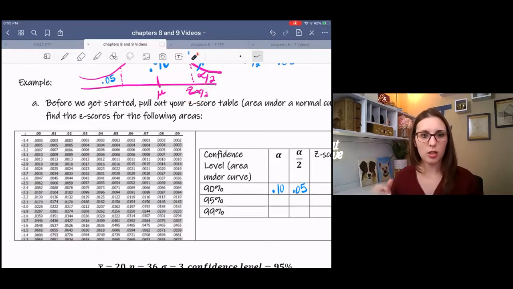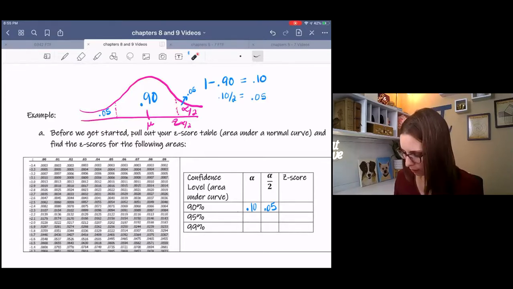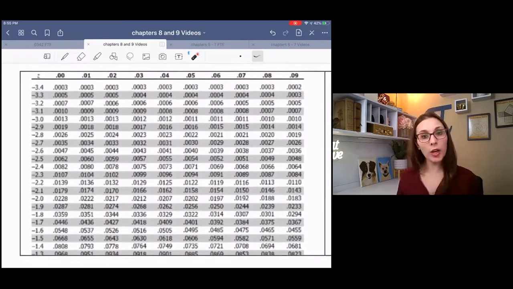It's symmetric. Or we could find the z-score of the area for this whole piece, and I'll show you that you're going to get kind of the same thing. If I did 0.05, this is an area of 0.05, and so we're going to be using the inverse of the table, or if you're using a calculator, inverse norm to find the z-score.